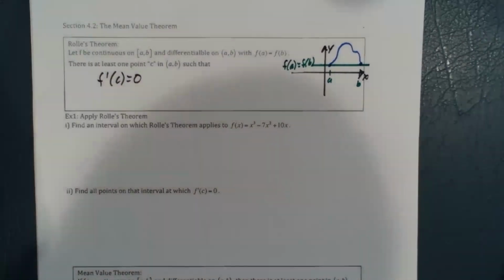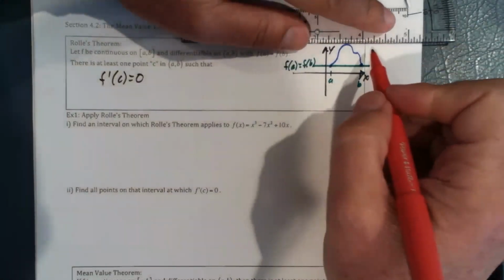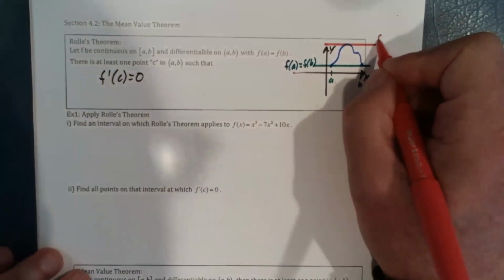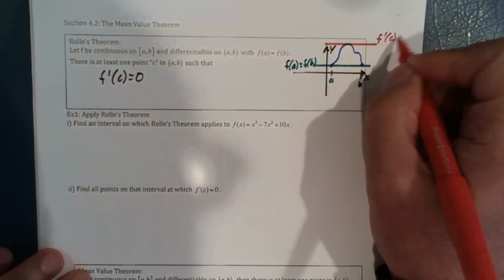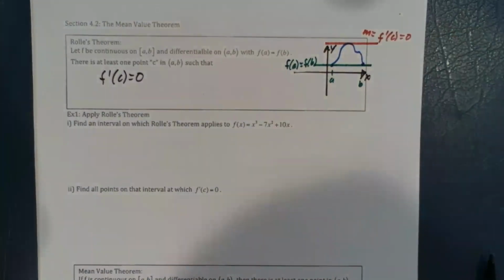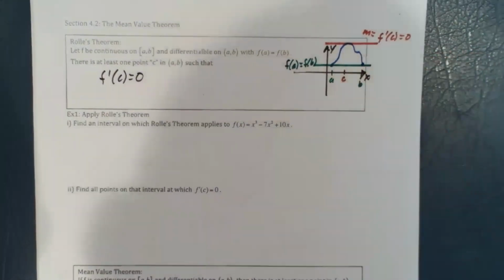And you can see we have at least one x value where the slope is equal to 0.